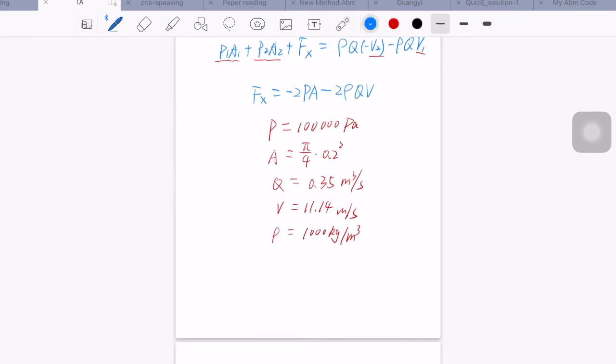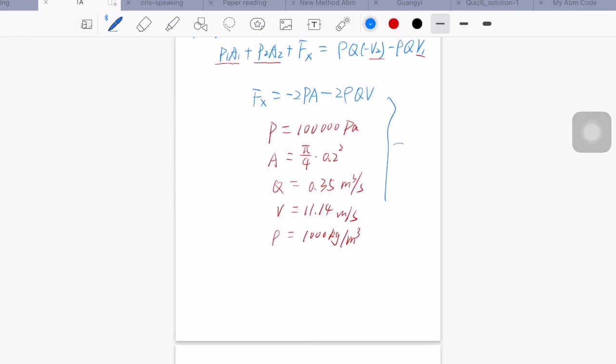So we can get that Fx should be equal to negative 14.1 kilonewton.